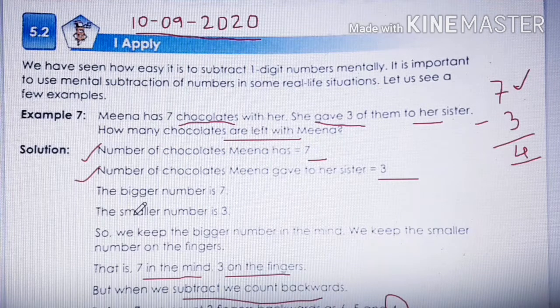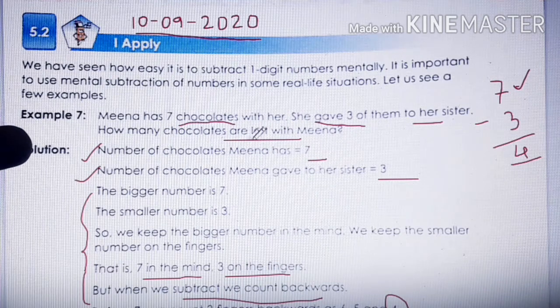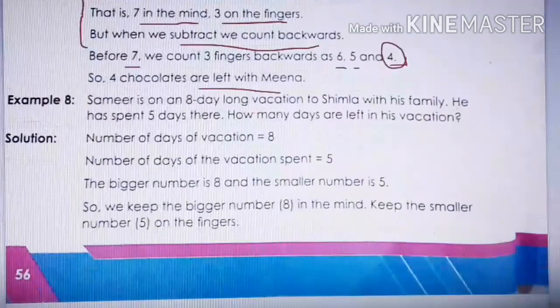Then how many chocolates are left with Meena? You will write number of chocolates left with Meena. You will do direct subtraction. Okay? So you can write 4 chocolates are left with Meena. Clear? You can practice this sum in your copy, children.